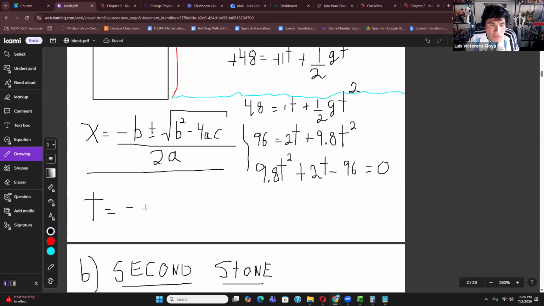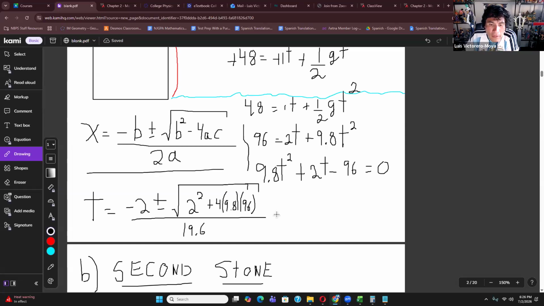Okay, so -2 plus or minus the square root of b squared minus 4ac, but c is negative, so it will be plus 4 times 9.8 times 96, right? Divided by 2 times 9.8, that will be 19.6, right? Yeah, 19.6. All right, did anybody solve it? What do you get?